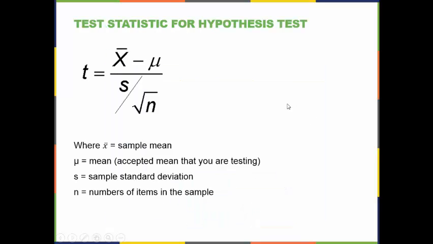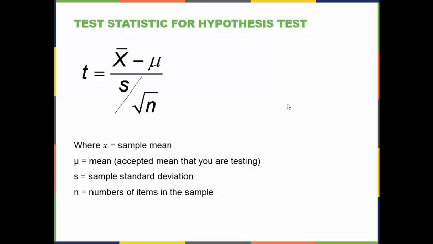With hypothesis testing, you can use Z and you can use T. But just like with confidence intervals, when dealing with the mean, we are specifically using T. Because when you use Z, your sample size has to be significantly large or the population standard deviation is known. Now, if you're doing a confidence interval and the population standard deviation is known, you also have to know the population mean, so a confidence interval doesn't make a lot of sense.